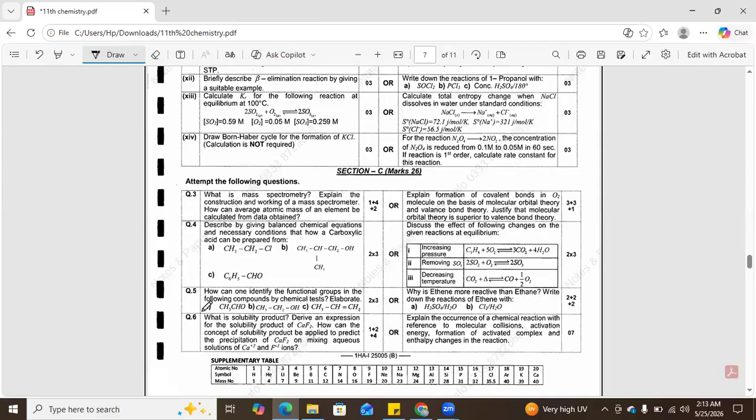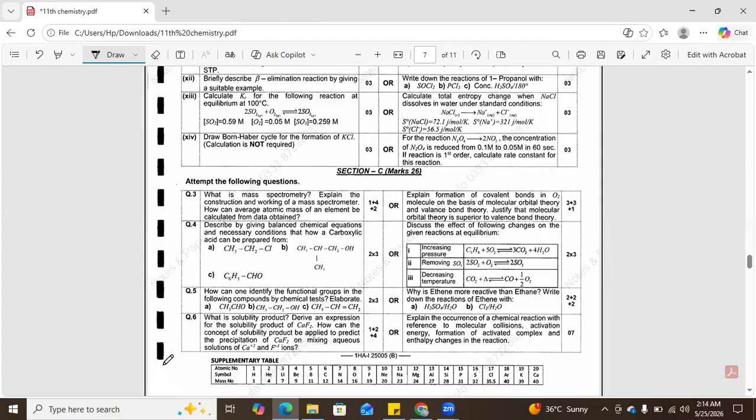So optional question is, why is ethene more reactive than ethane? Write down the reaction of ethene with these molecules: H2SO4 and water, H2O, and Cl2 and H2O. Question number 6 is what is solubility product?